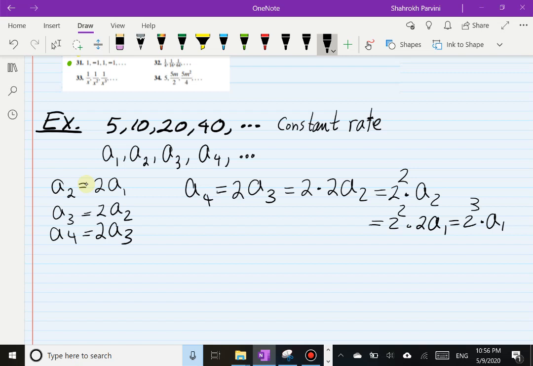So I can now conclude that A4 is 2 cubed times A1. One thing that we immediately note here is this: for the fourth term, where the subscript is 4, the exponent on 2 is 3, which is 1 less than the term number. 3 is 1 less than 4.